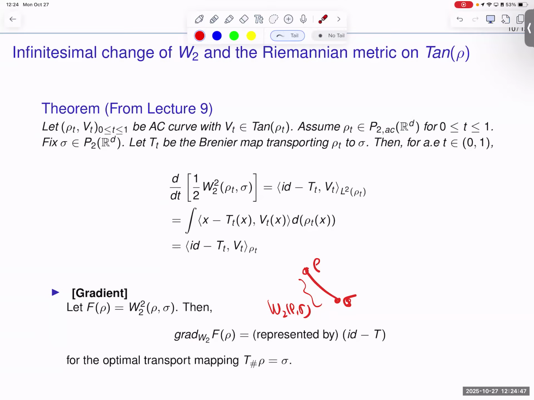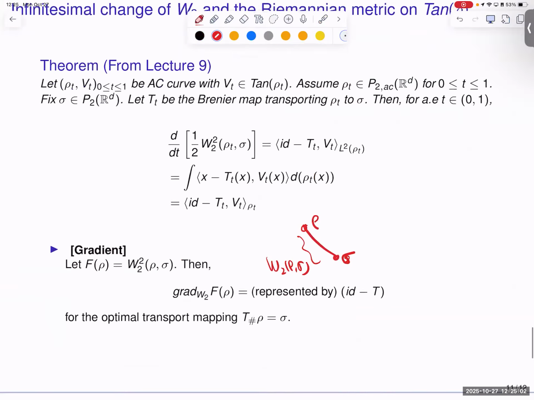The answer is that such a thing is represented by the optimal transport map from here to there. You consider the displacement by the optimal transport.